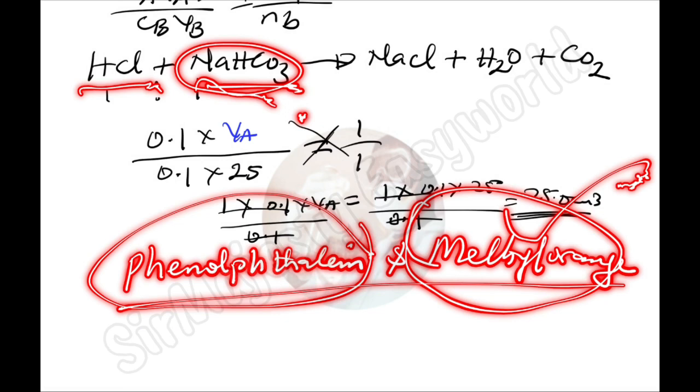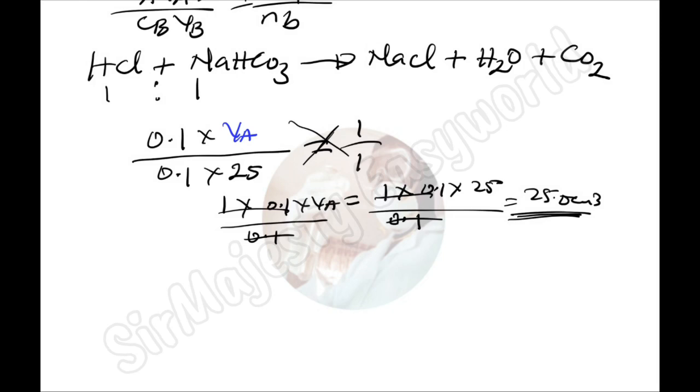And remember, phenolphthalein will also be colorless in HCl, so it is not going to serve as a suitable indicator. So the suitable indicator is methyl orange, because due to the pH transition range of methyl orange, it makes it suitable for such titration. So other questions might follow.